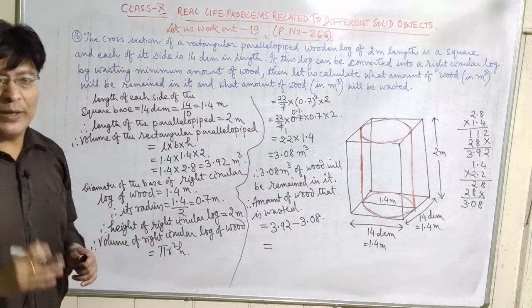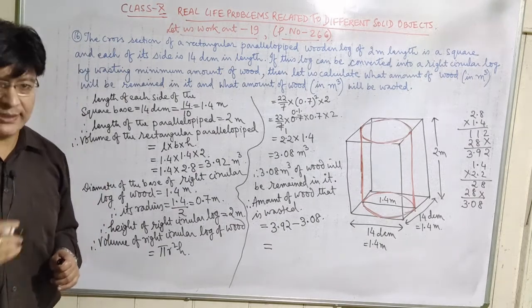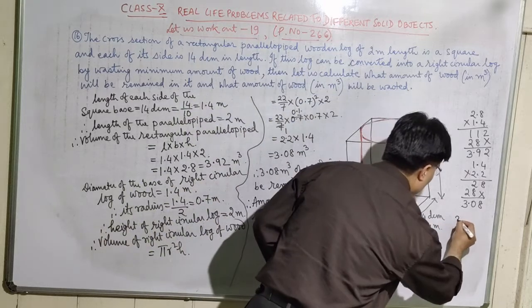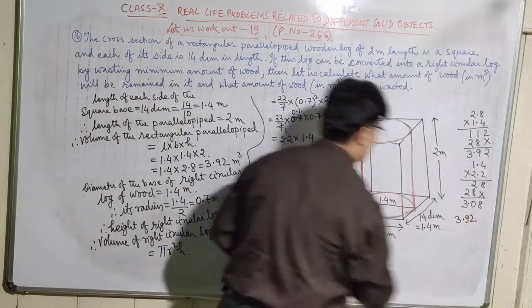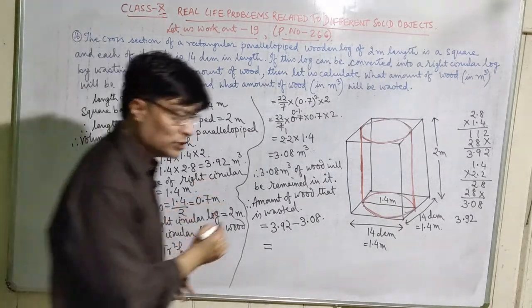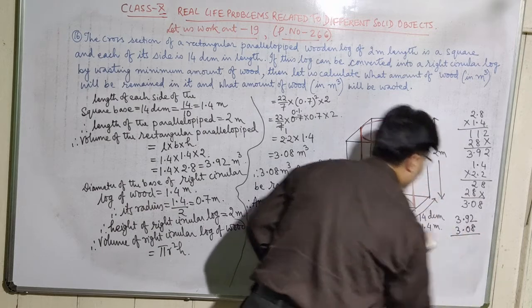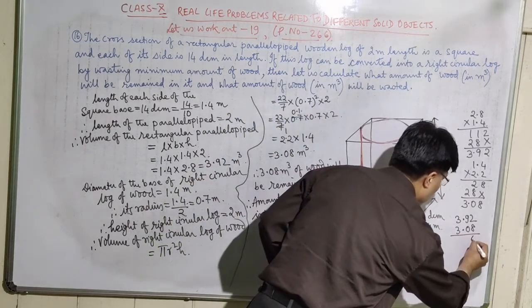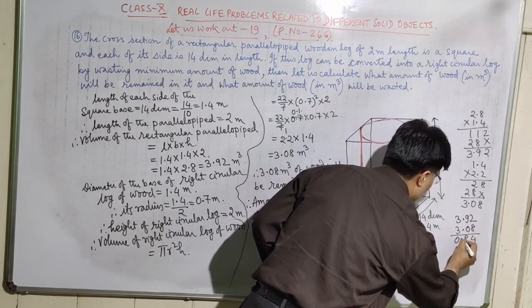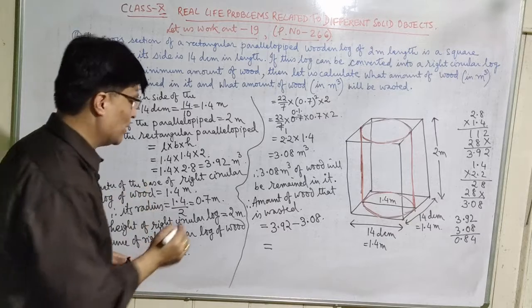This difference will give you the amount of the wood that will be wasted. Okay, so let us subtract it. From 3.92 you have to subtract 3.08. So 12 minus 8 is 4, so this is 8 and this is 0, that is 0.84 meter cube of wood will be wasted.